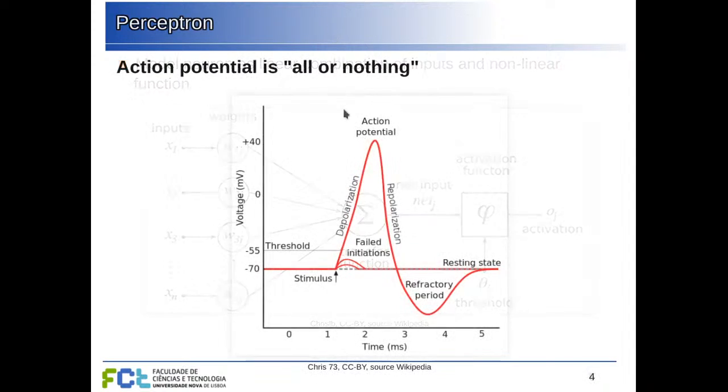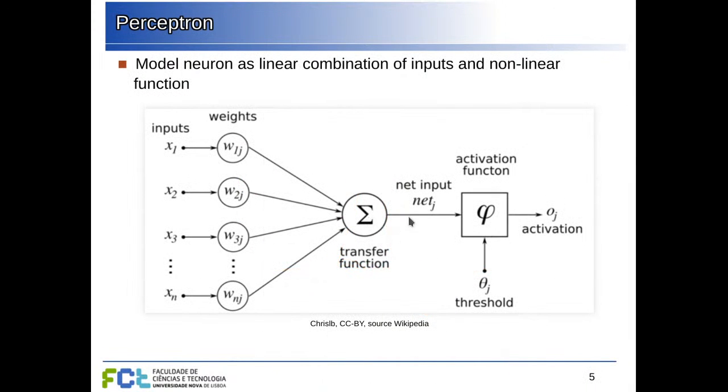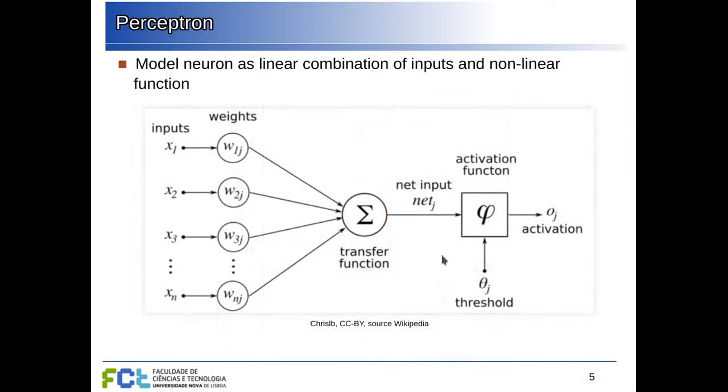This is more or less what's happening on the dendrites, where each is providing some sensory data to the neuron body. Then we sum everything up, and we pass this through some activation function that works like this threshold limit here, so it provides an impulse if the input is strong enough or not.